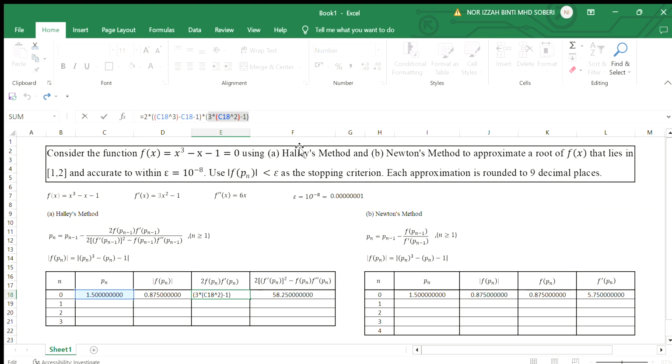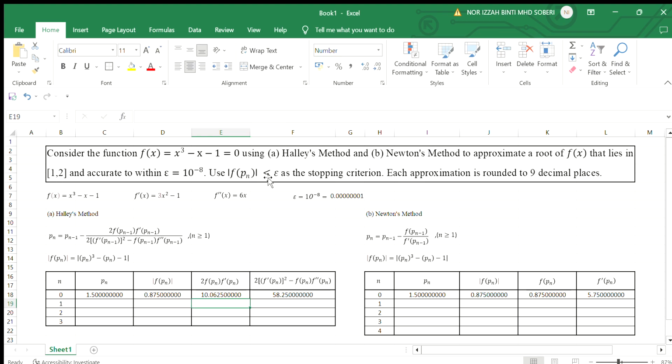And then for this one, this is from the equation below. So f prime(Pn) squared I get from function f prime x.